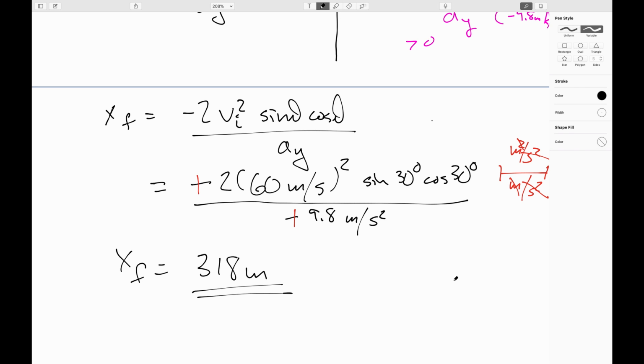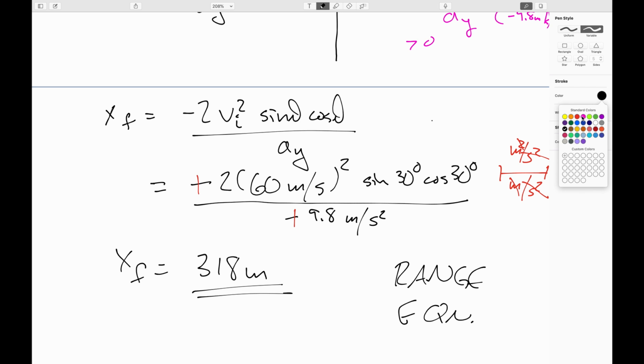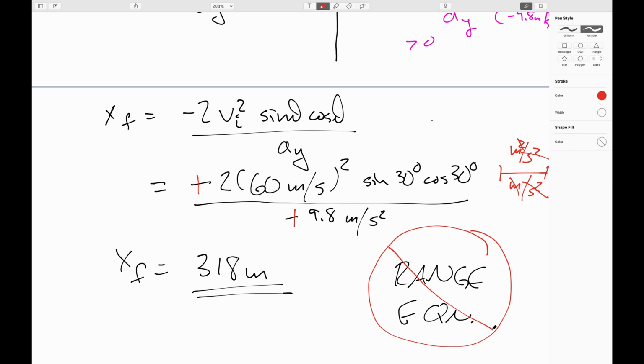Now, I will end this with one more cautionary tale. Before you go and say to me, hey, couldn't we have used the range equation? If you have ever heard of the range equation in some previous lifetime, I strongly urge you, as best as possible, to try to put the range equation out of your mind. Why is this?